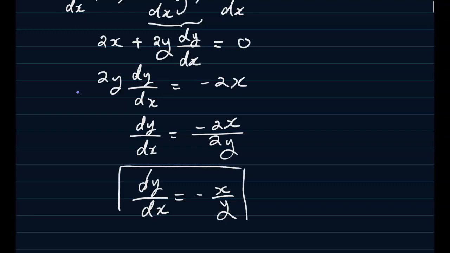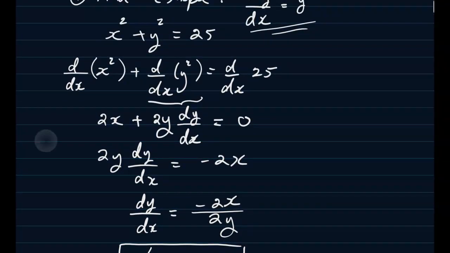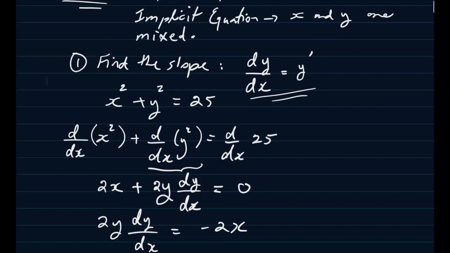This is the expression of the slope of the tangent line to that circle x squared plus y squared equals 25.